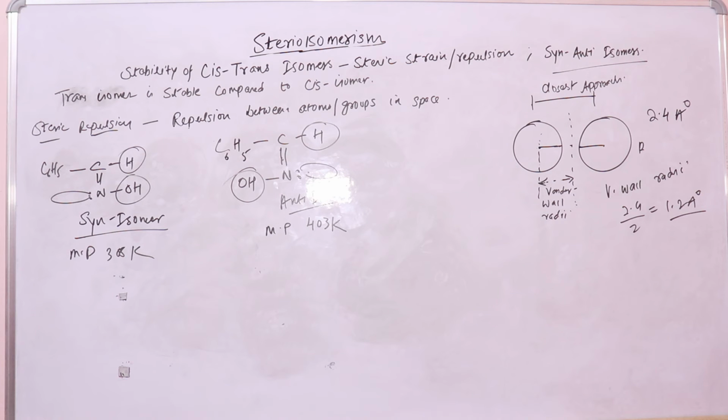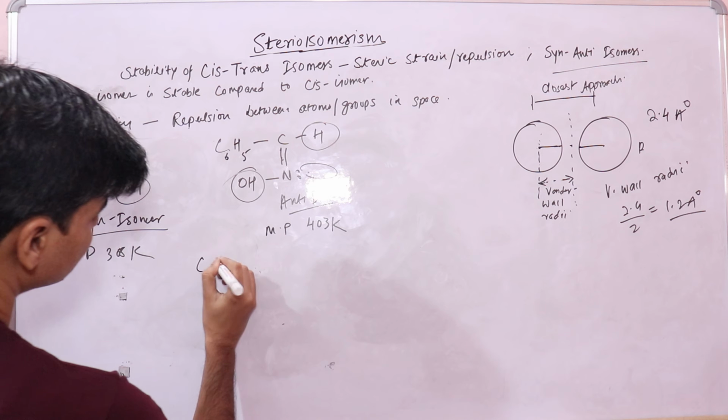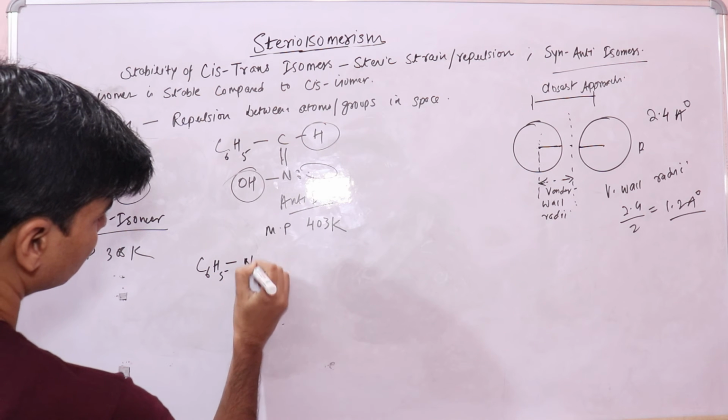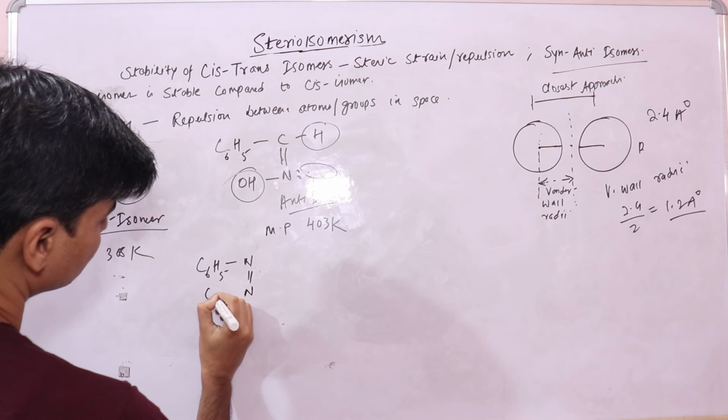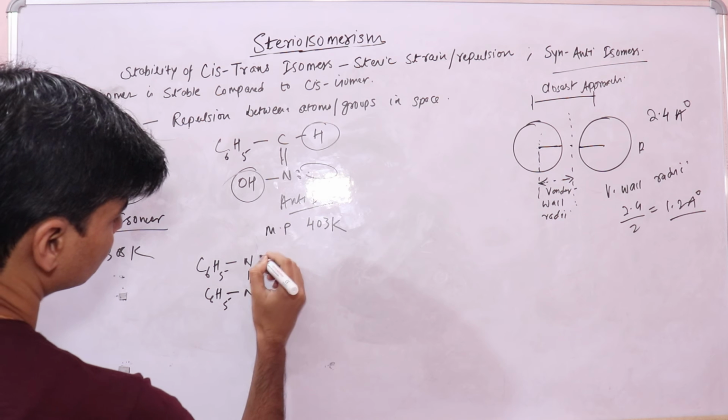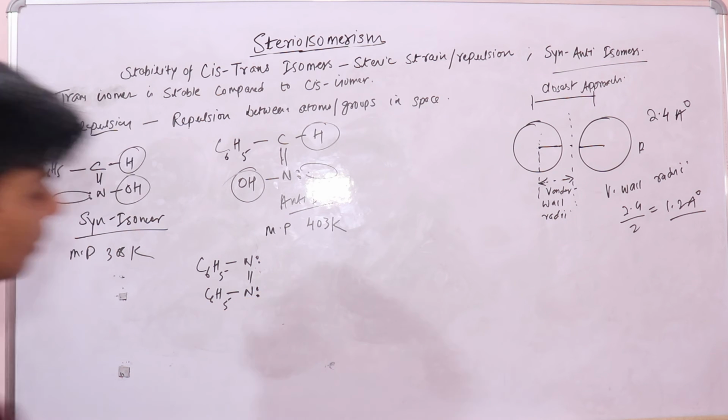Now the other type of compounds where we can have geometrical isomerism is azo compounds. Azo means nitrogen, right? You have a nitrogen-nitrogen double bond in azo compounds. So here we have C6H5, nitrogen, right?